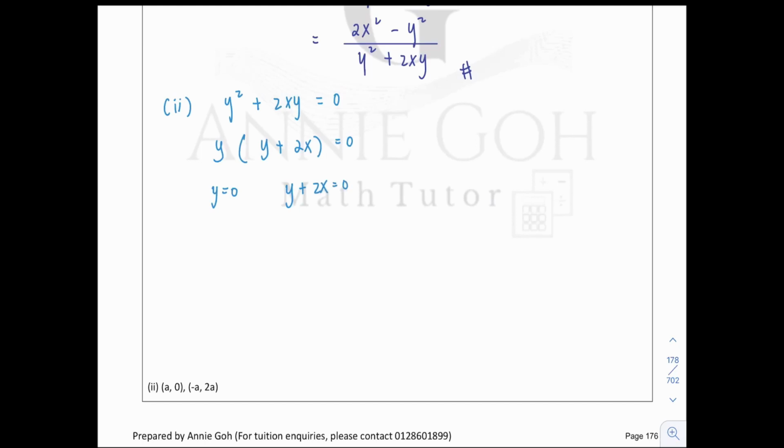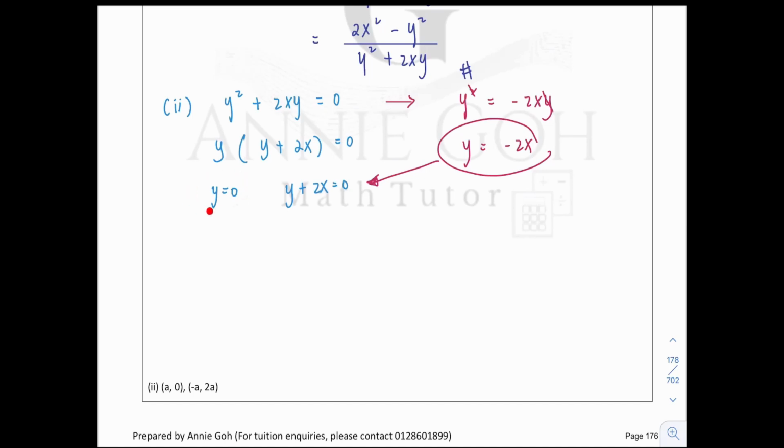So there's a common mistake here where from this step, what students do is they will put the 2xy to the other side, and then they'll just cancel the y, and eventually you'll get y equals to negative 2x. This is just one of the answers which is equivalent to this equation. But what about the other solution?